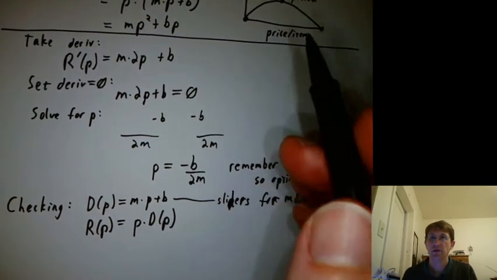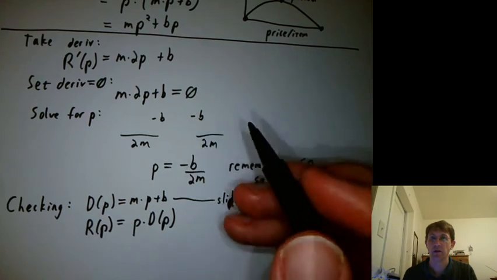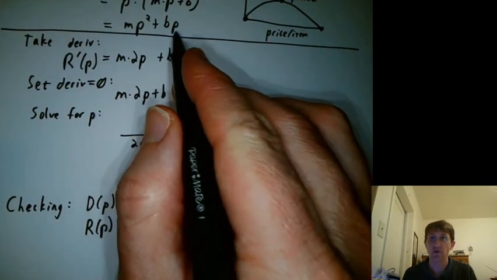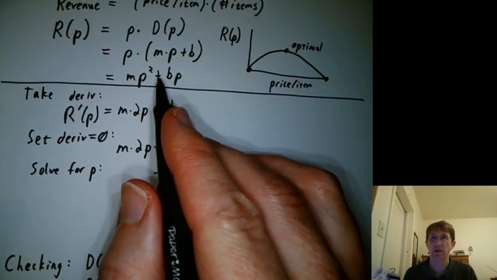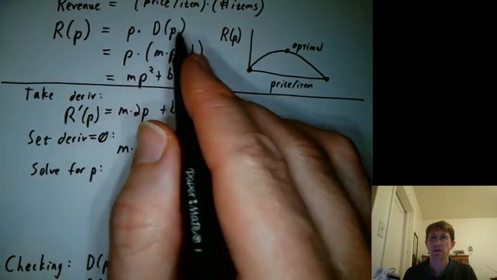But one thing I would do to check my algebra here is I would type in this formula where I had done a little bit of algebra, and that should still be equal to p times d of p.